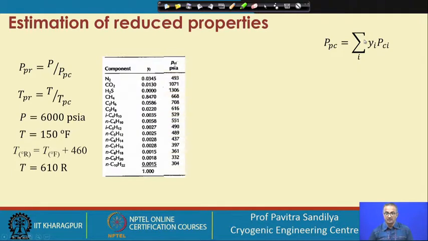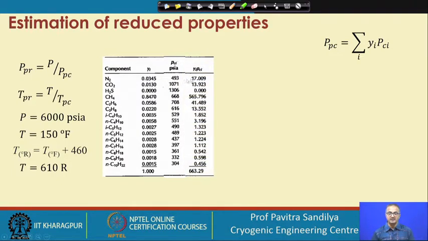So, we find the critical pressure of each component from the literature, and these are given here. Next, we multiply the mole fraction with the critical pressure for each component and then sum it up. This summation is the pseudo critical pressure of the natural gas.